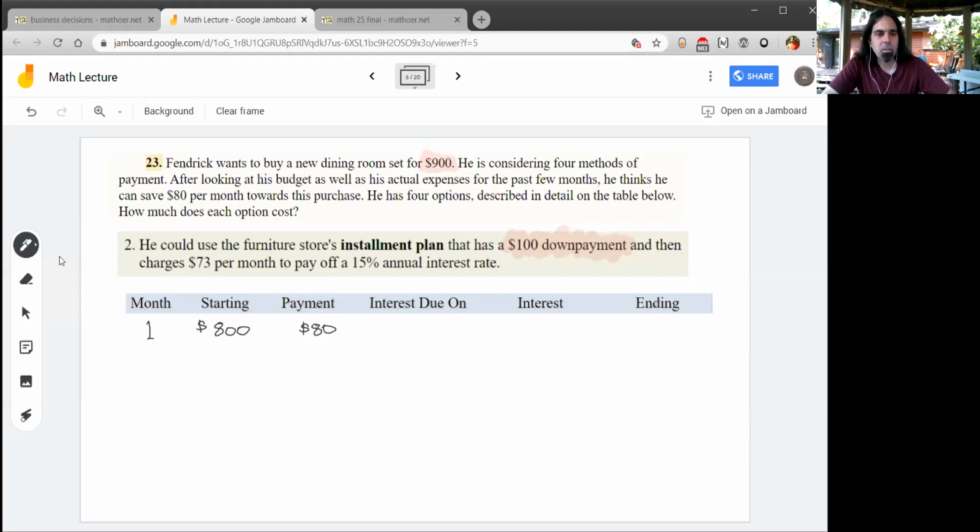So the interest is going to be, well, we subtract. Now the interest rate is 15% annually. So we will have to take that 0.15 and divide it by 12. $0.125. It's a friendlier number, no repeating decimals this time.